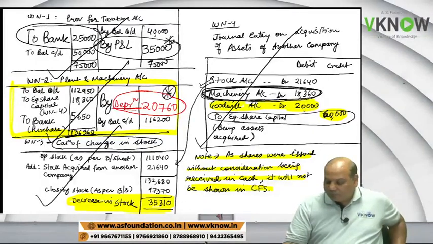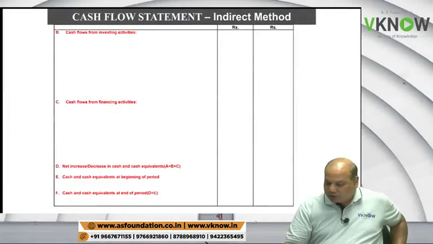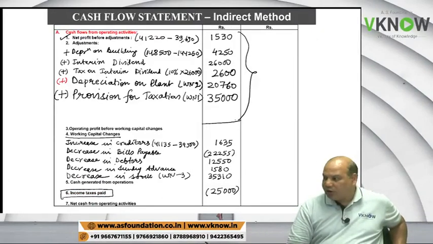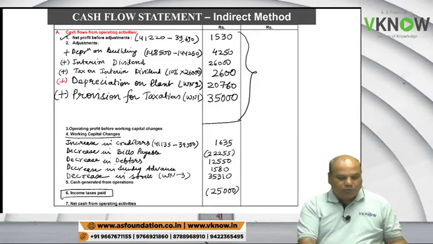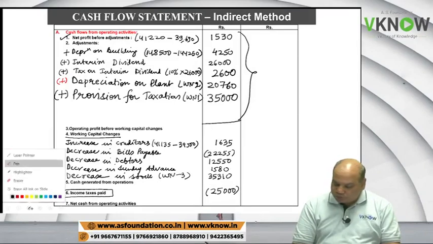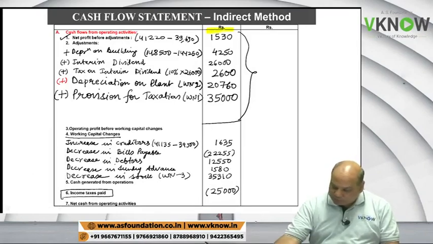Yes. So if it is completed, then why are you waiting? First you tell me the total at this point, operating profit before working capital changes. Take the total of these 6 or 7 items.